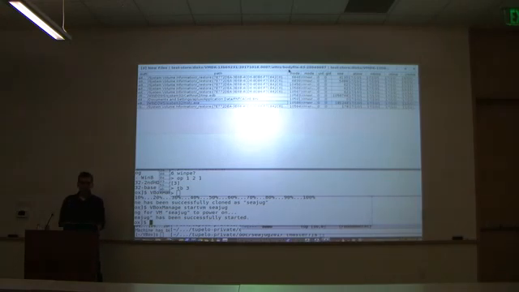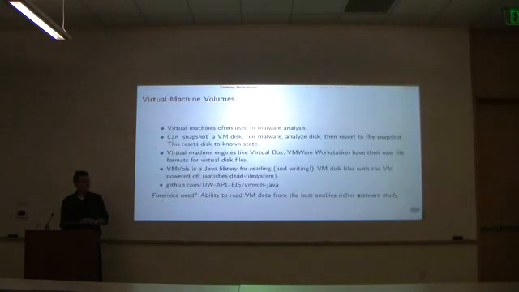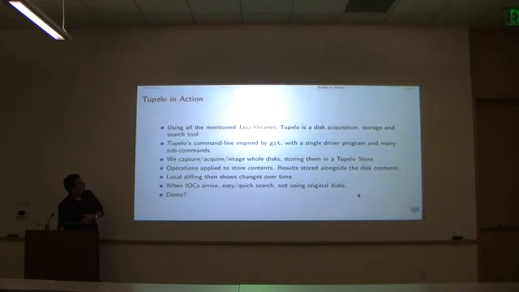So that's the demo of: image a drive, store it safely, do something with it, image a drive again, search operations on the drive. So if I go back to, I think I've got 2 slides left on my JavaScript, it didn't really run as a Tupelo command, but I will get there eventually.